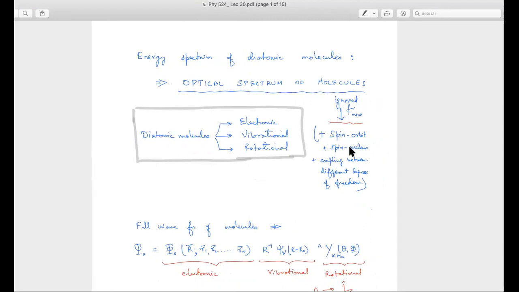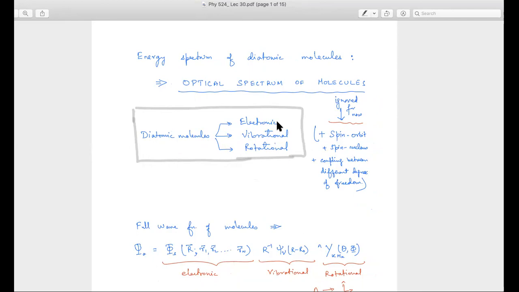Okay. So we already saw that, particularly if we are focusing on diatomic molecules, then we can think of their degrees of freedom in terms of electronic, vibrational, and rotational. Of course, they are coupled, but to the lowest degree of approximation, we can already get a lot of physics out of it just by considering them as decoupled.